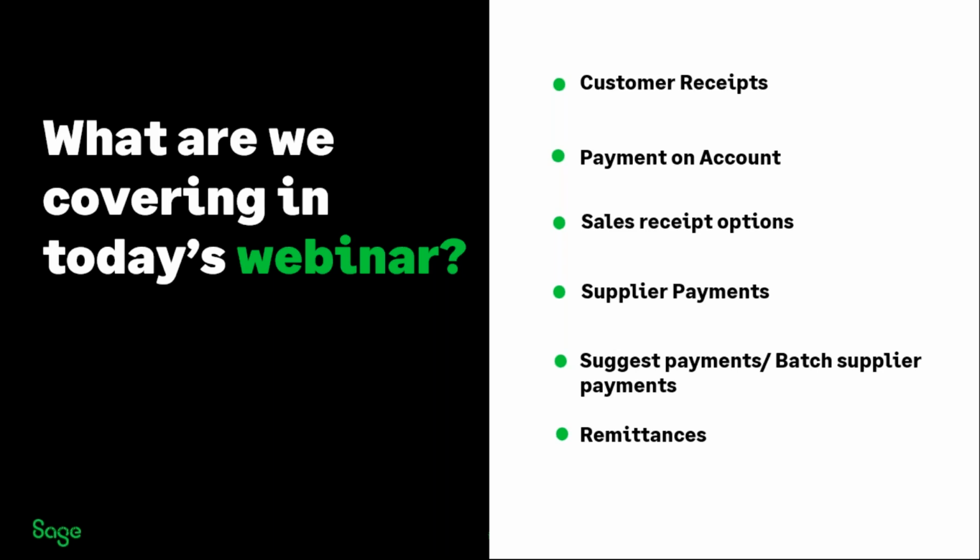We'll move on to supplier payments, and we're going to show you some of the features which are available in certain versions of the software. So these are designed to make your life easier, and it might be that one of those features is just what you need. You might want to consider looking at the versions that contain those features. And very briefly at the end, we're just going to touch on remittances as well.